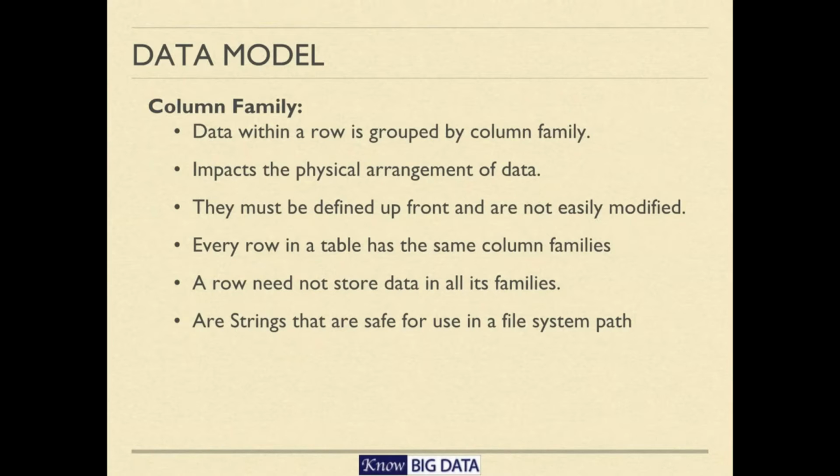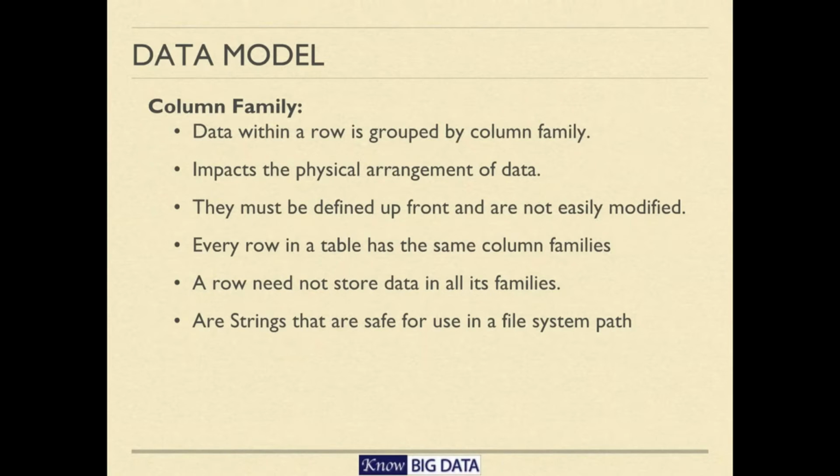So you need to define them upfront and they are not easily modifiable. But luckily, Hue provides you a way to create a column family at a later point of time. Even programmatically you can do that, but it's not a very efficient process.